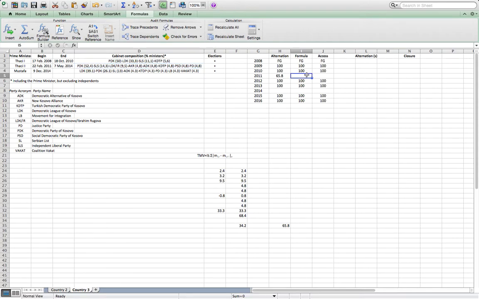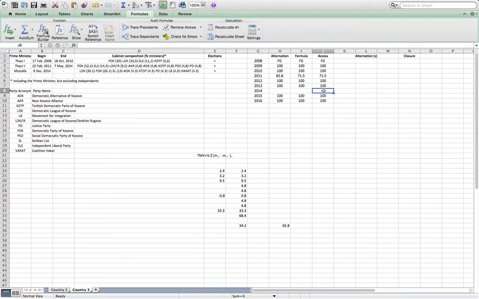So what we need to do is add up the percentage of ministers of the parties that form part of the familiar formula in 2011, meaning 52.4 of PDK, 14.3 of SLS, 4.8 of the Turkish Democratic Party. These three parties were already before in government, but none of the others were, meaning that here formula and access have the same score. I hope you understand the mechanism.